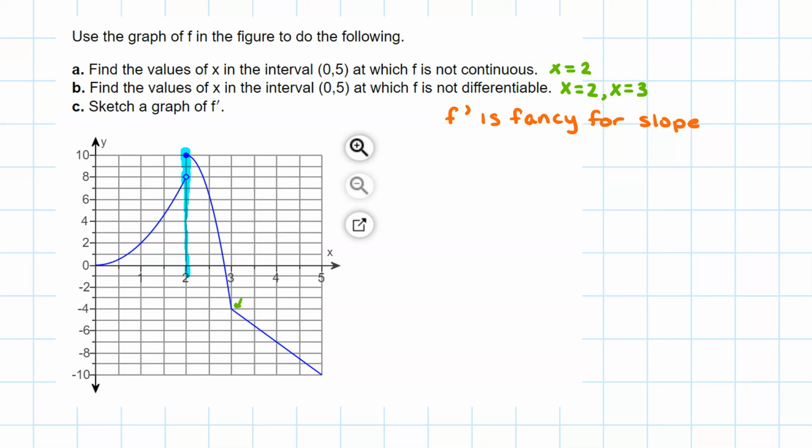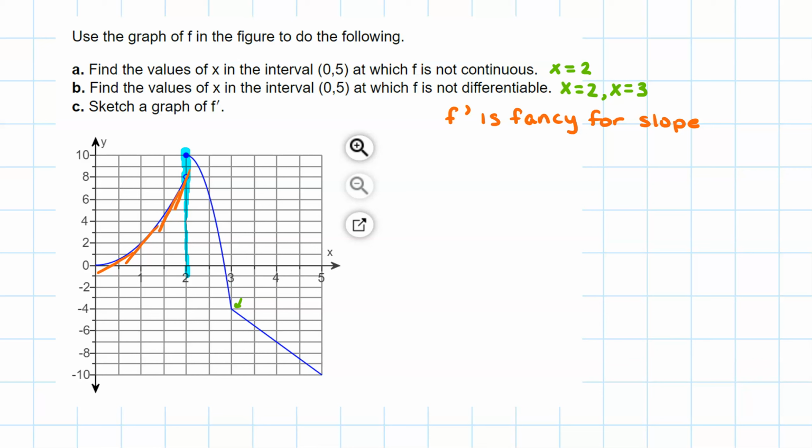So let's think about the slope here. Slope is just going to be of a tangent line. So let's look at these 3 lines. What can you tell me about those 3 lines? Well, the slope of them is getting bigger, right?